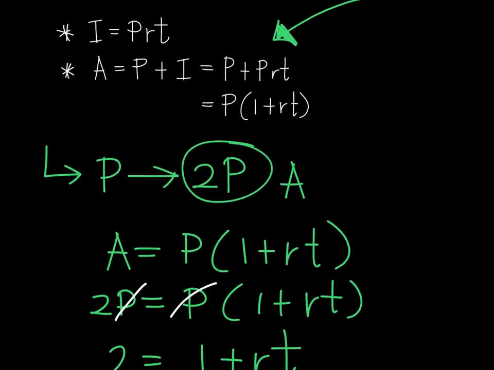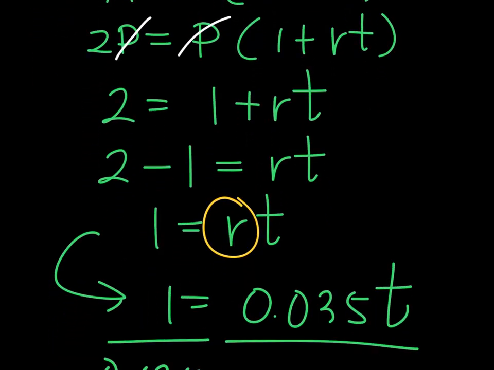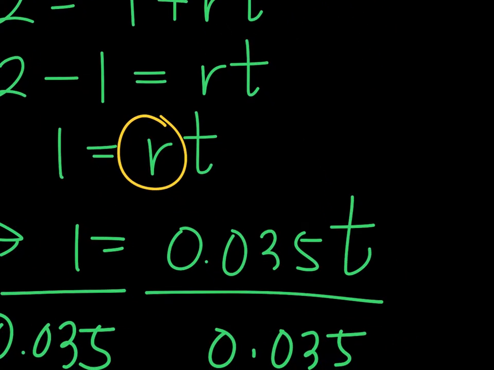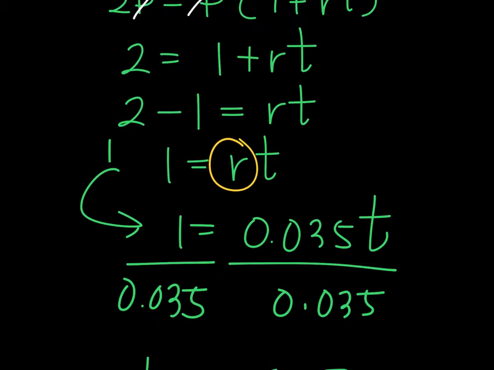If you observe, the formula that we obtained here can be used as a general formula whenever we want to find the time for the principal to double its value, and that is simply 1 divided by any given rate.